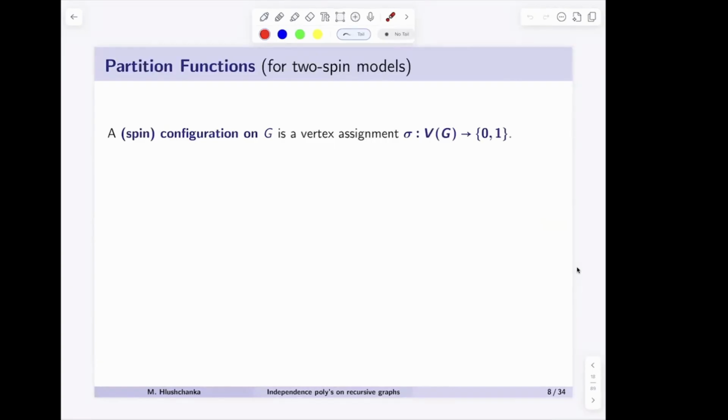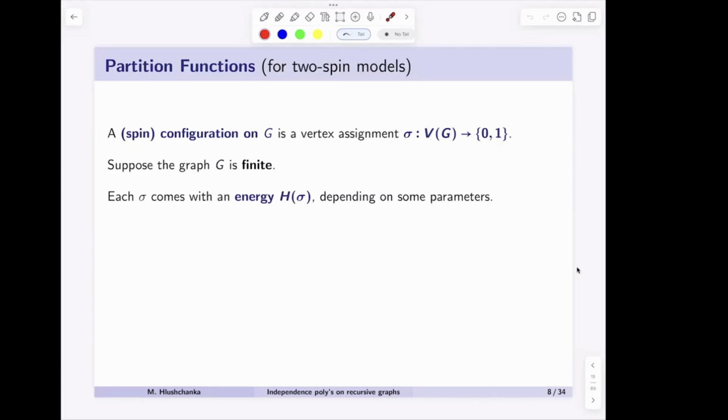A spin configuration on some possibly infinite graph G is just any vertex assignment of 0s and 1s, which we could also call spins on the vertices. For the time being, let's suppose that the graph G is finite. Then each state sigma, or each vertex assignment, comes with some energy, which in general depends on one or maybe more parameters.